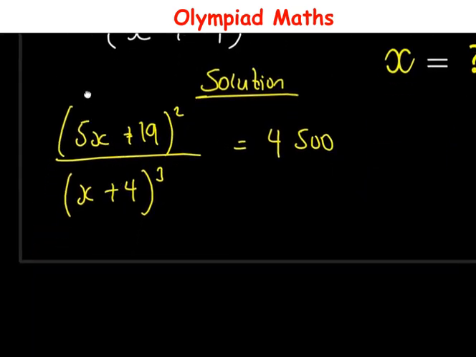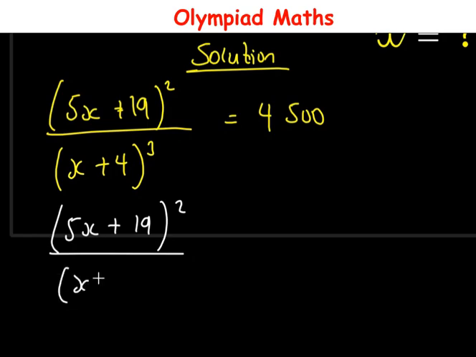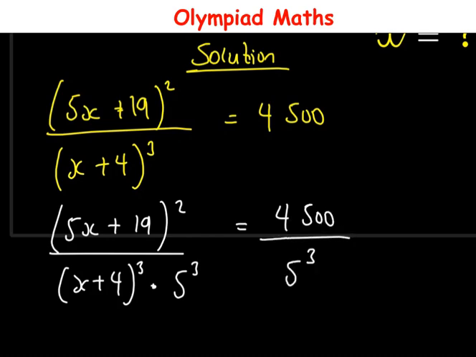Now, solving this further, what you are going to do is divide both sides of the equation by 5^3, such that this becomes (5x + 19)^2 over (x + 4)^3, then divided by 5^3, is equal to 4500 divided by 5^3.